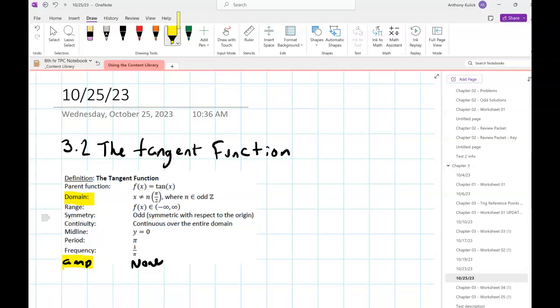However, the symmetry, well, sine had odd symmetry too, that's fine. Continuous, yes, of course, we have continuity over the domain. The midline is still y equals 0, same as sine and cosine. And the period, that's different. What was the fundamental period for sine and cosine? 2 pi. The period for tangent is pi. That's a big difference.